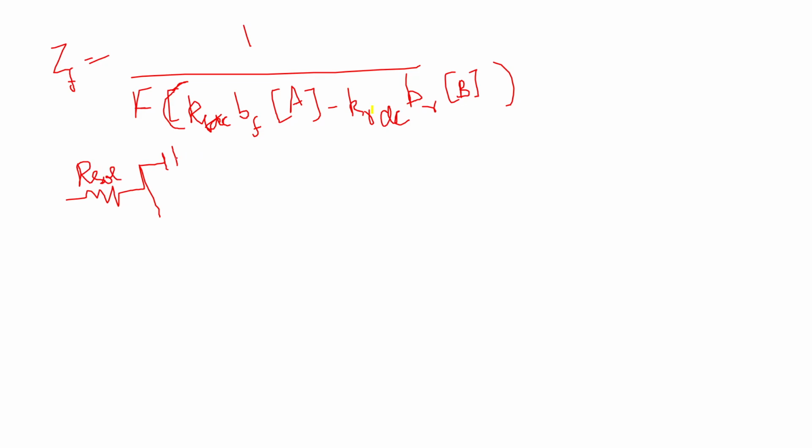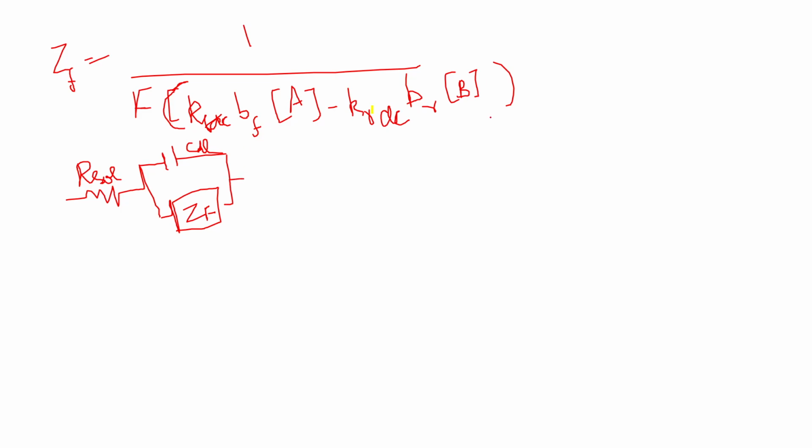Then you have a capacitor, which gives the double layer, and you will have ZF. This is where the Faradaic impedance is. This can be modeled using a simple Randles circuit, or the Maxwell circuit, ladder circuit, etc.